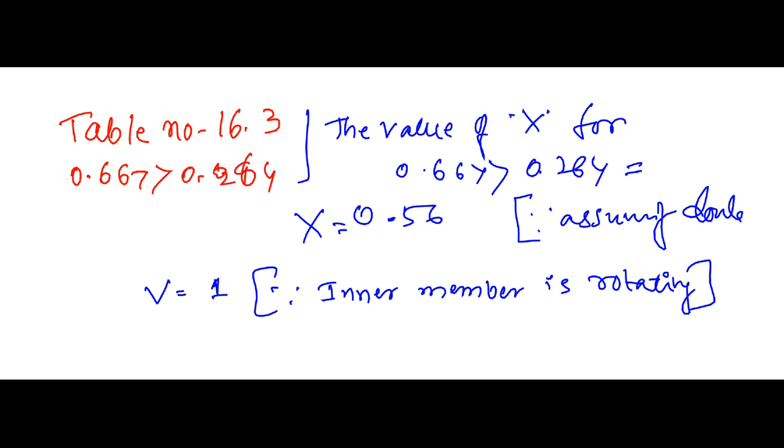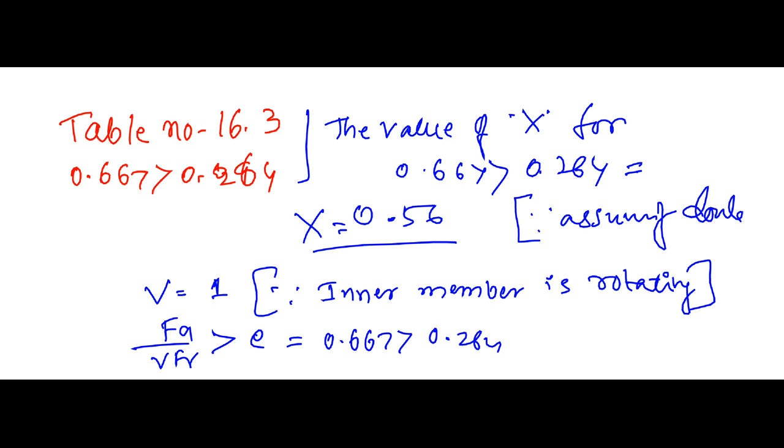Now what will you get? Now you got X equal to 0.56, right? This is because 0.667 is greater than 0.264. You got a value of X here. By which column have you referred? You have referred to column number 10 here.